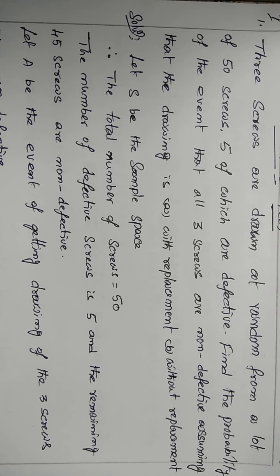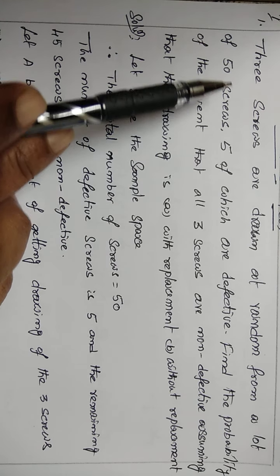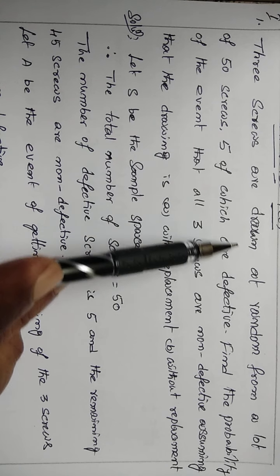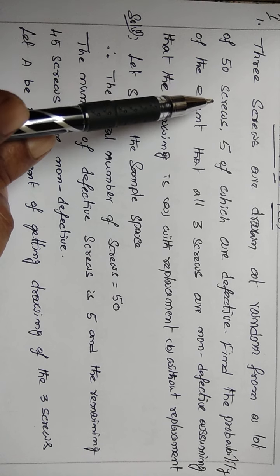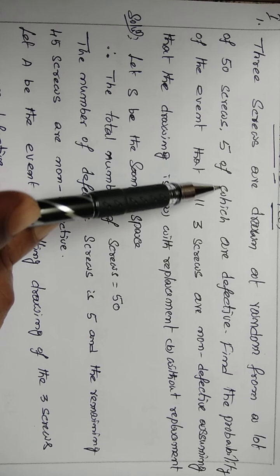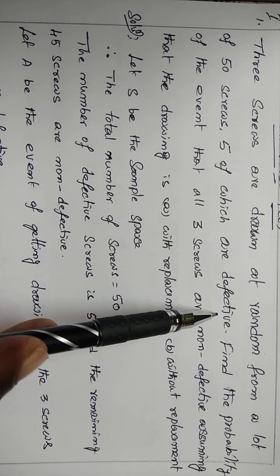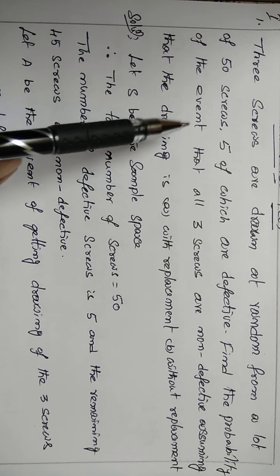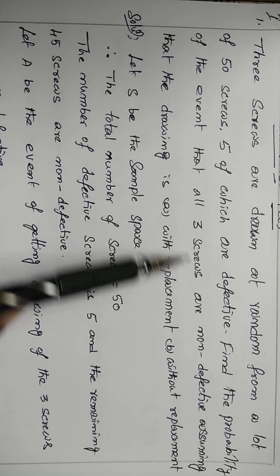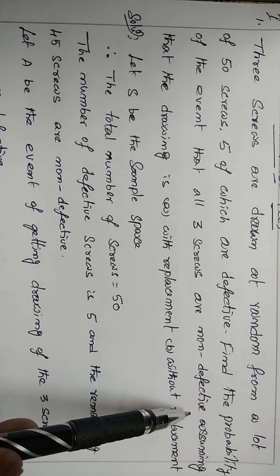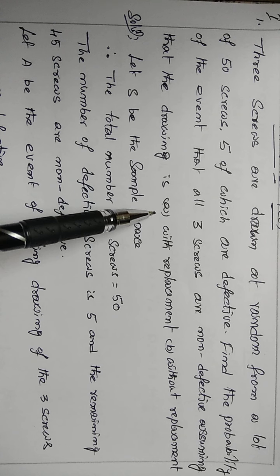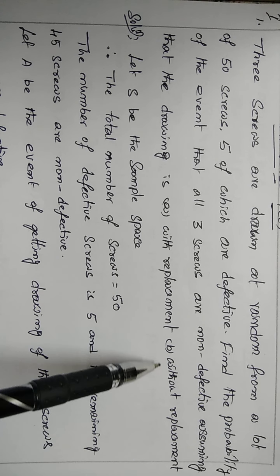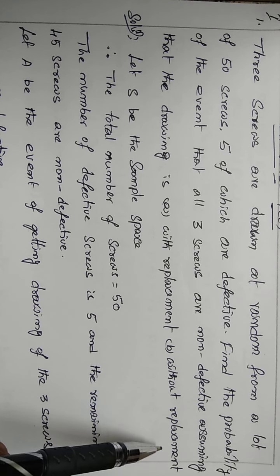Now, let us start the problems in exercise 9C. First one: 3 screws are drawn at random from a lot of 50 screws, 5 of which are defective. Find the probability of the event that all three screws are non-defective, assuming that the drawing is A with replacement, B without replacement.